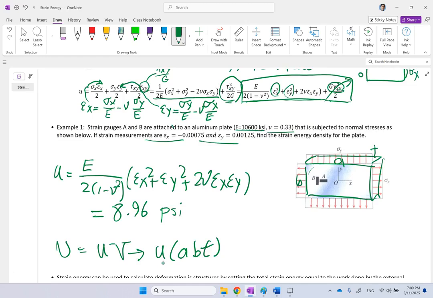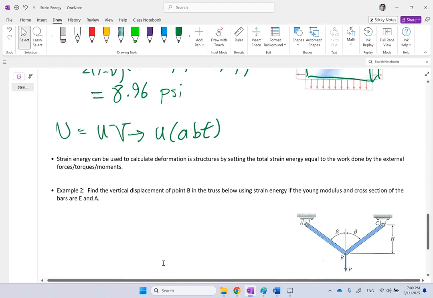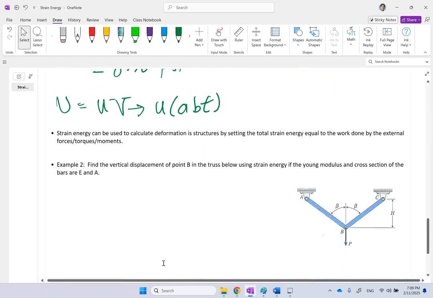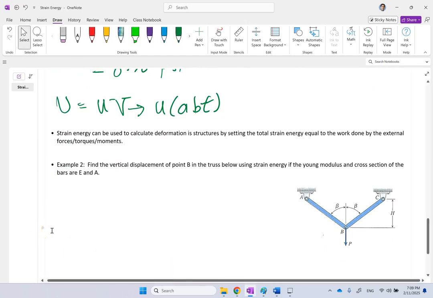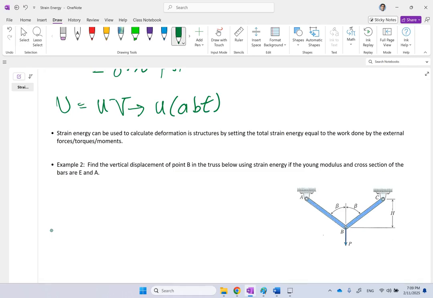Okay? Now, you might say, fine, all good, but how would you use this other than, fine, we calculated some energy? Is there any application to it? And the answer is yes. Here I'm going to show you an example of how to use it, but in my next video, which is on Castigliano's theorem, I'm going to use this notion of strain energy, and we are going to find displacement in different structures in a more systematic approach.